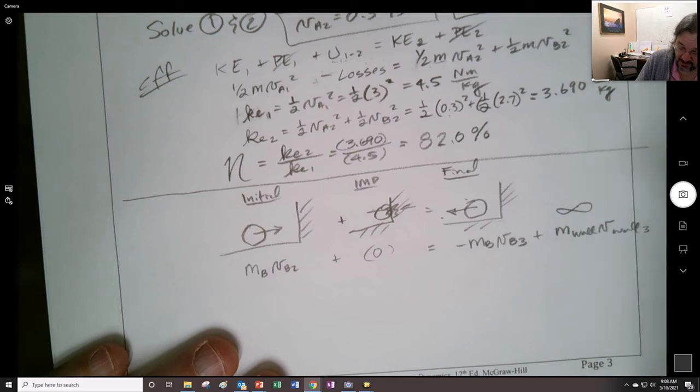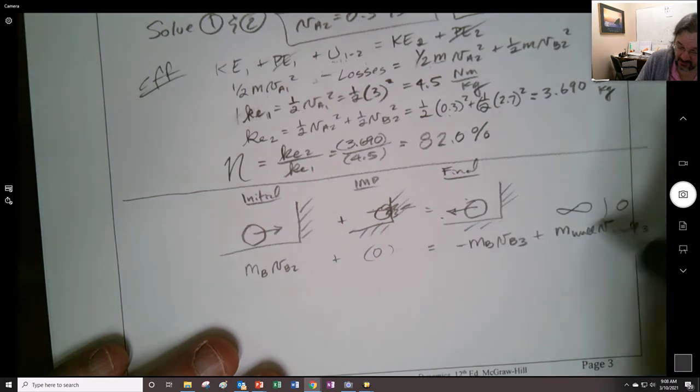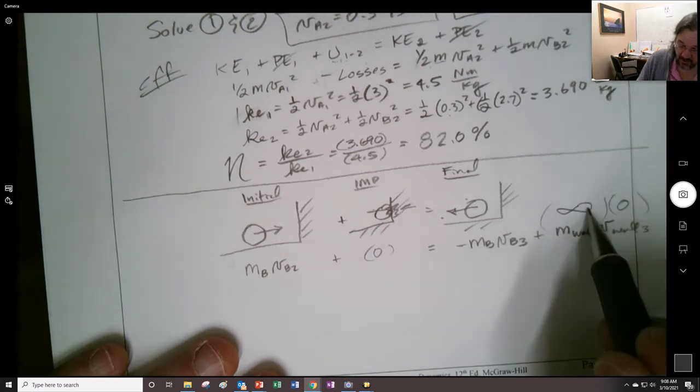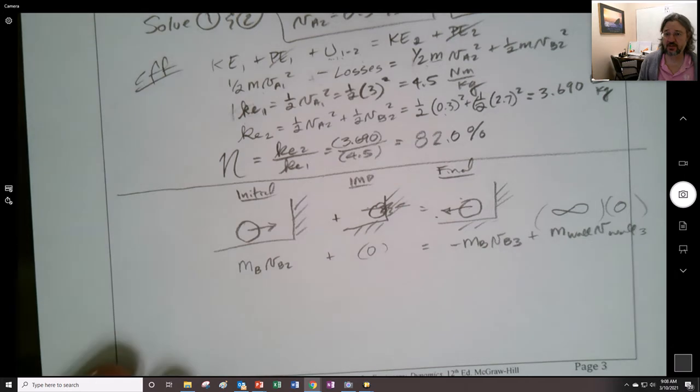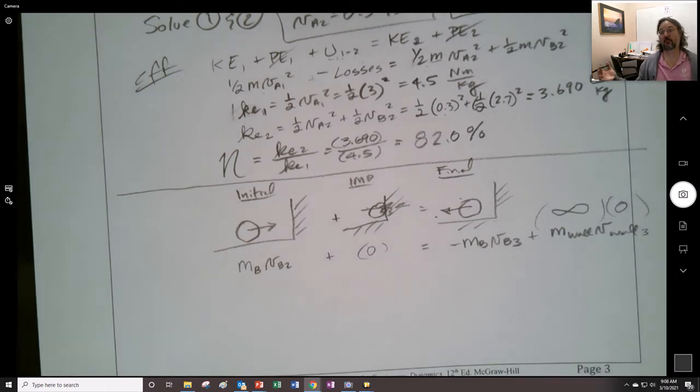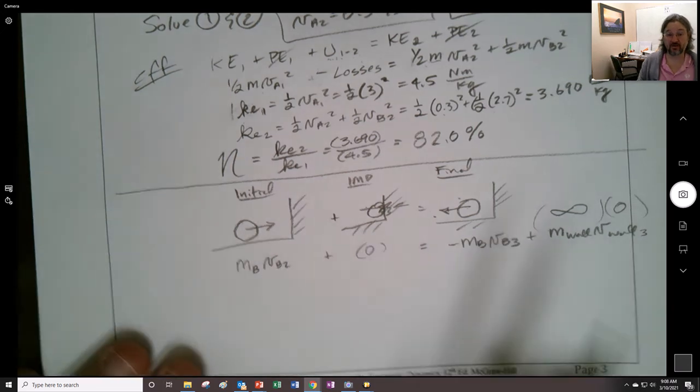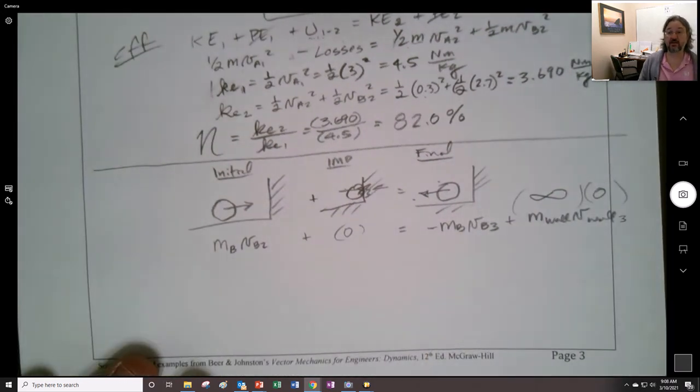Well, this is infinite, and this is 0. When you multiply infinity by 0, what's the answer? It's unknown. You can't multiply infinity by 0 and then hit equals and come up with an answer. I mean, pretty much it's going to be 0, right?